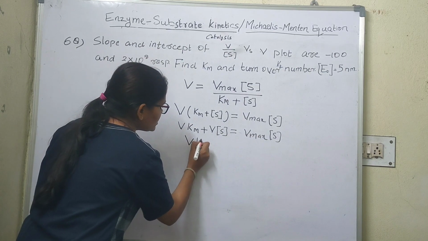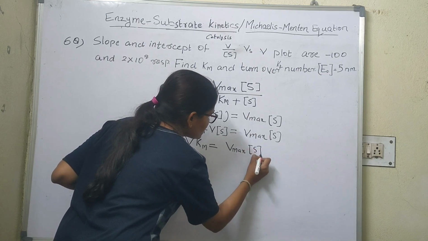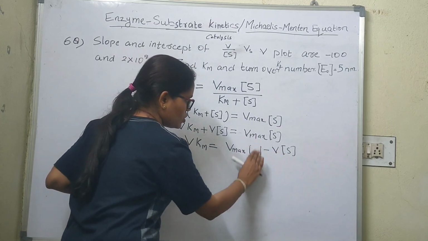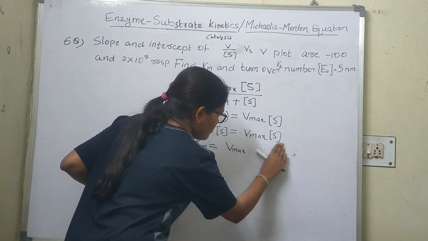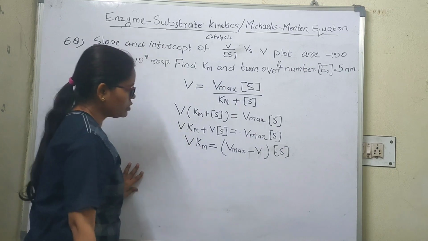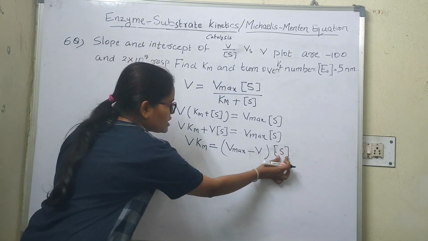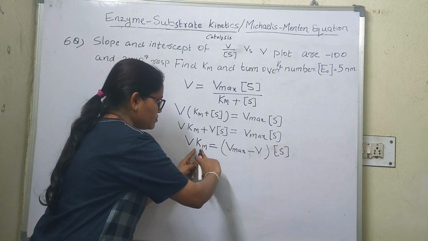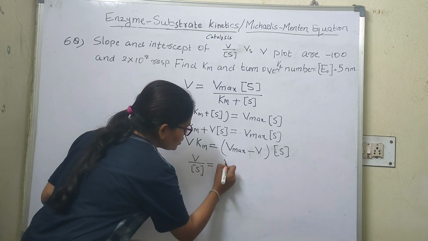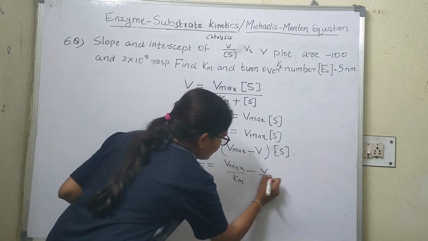What I get is V into Km is equal to V max into S minus V into S. Now I can take S common out of these terms, so I can write it as V max minus V into S. On the left hand side I have V over S, so I'll take this S to the left hand side and this Km to the right hand side. So what I get is V over S is equal to V max by Km minus V by Km.